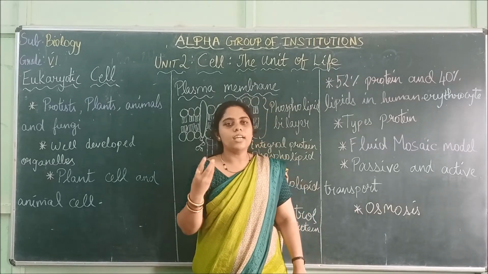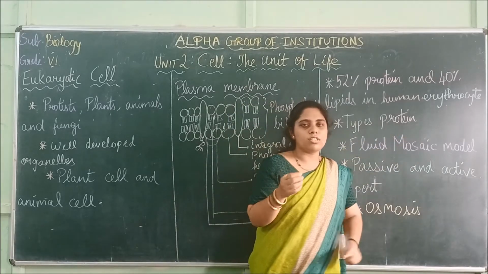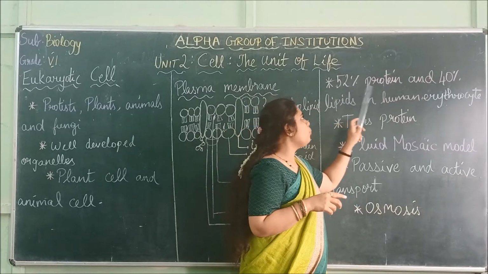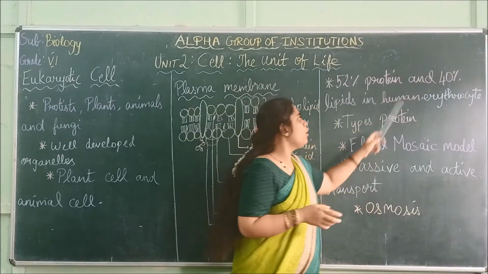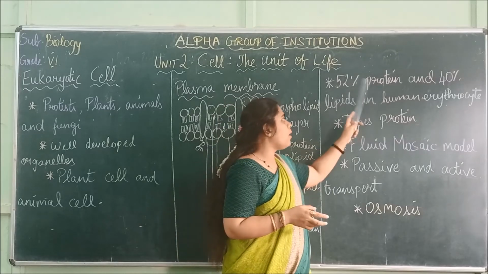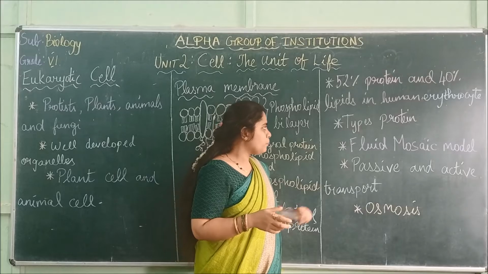RBCs are what make the blood red in color. In the human erythrocyte, the plasma membrane is made up of 52% protein and 40% lipids. This is the composition of the human erythrocyte plasma membrane.